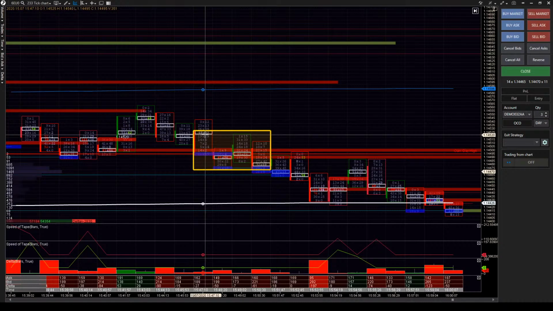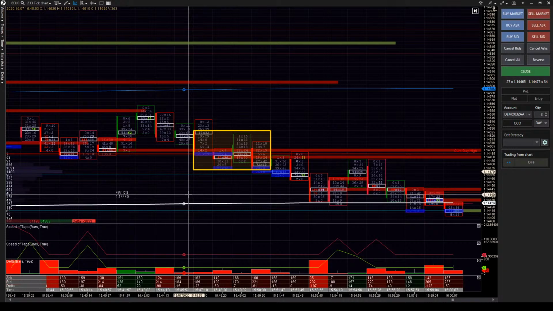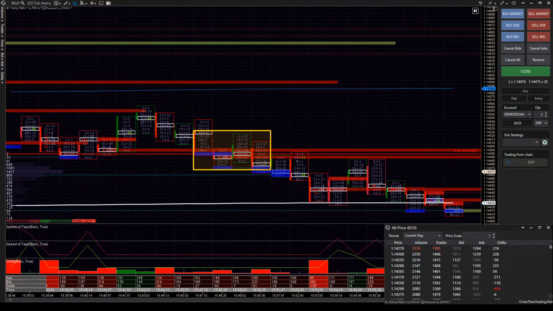And we already have a bias because we have negative delta, and if we look at all prices, let me bring the all prices screen up so you can see it better.